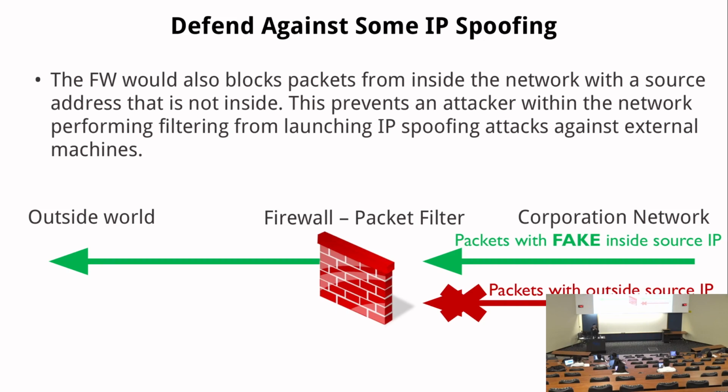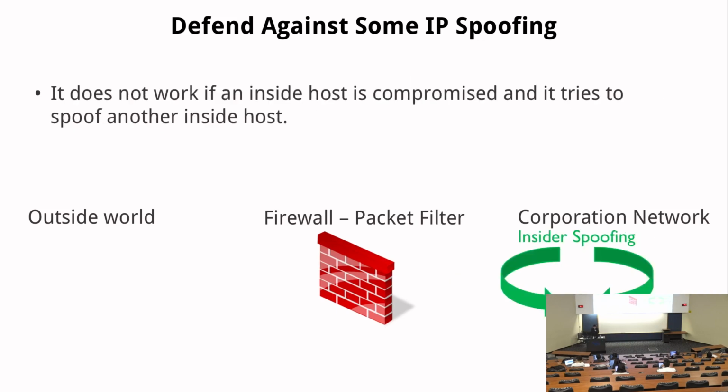To detect that, we will need the IP layer protocols we discussed before, like IPsec, to add authentication to the IP header. Also, another limitation of a firewall is it doesn't work if the inside host is compromised and it tries to attack or spoof other hosts in our network.